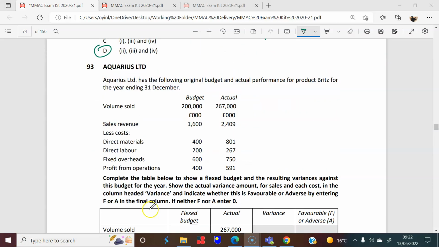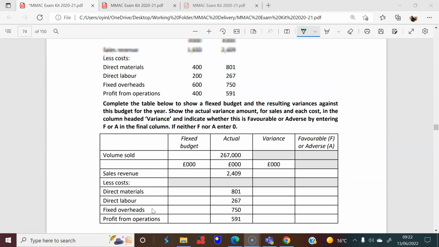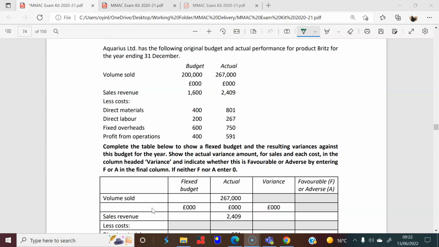Okay, let's look at 93. So when we talked about the idea of flex budgets, we argued that here's our budget, and the reason we're given this is to help us understand what the standard situation is per unit, for example. If you're looking for a variance in terms of cost, we want to judge you based on how much you spent making those actual units.